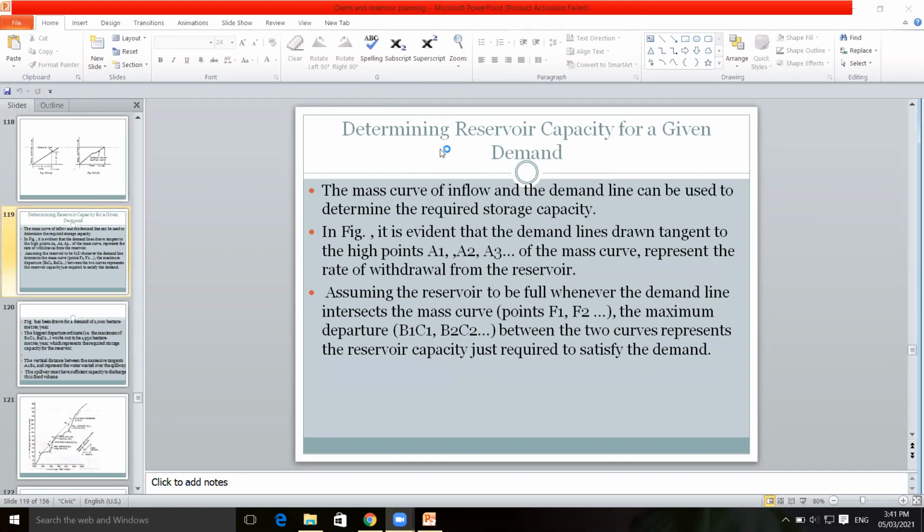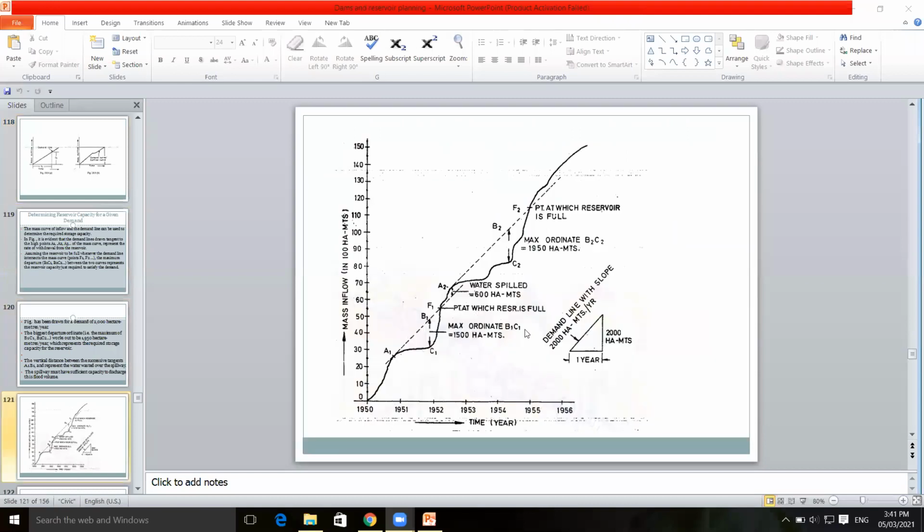Next is determining reservoir capacity for a given demand. From the mass curve of inflow and demand line, you can determine the storage capacity of the reservoir. This is a graph of the mass inflow curve, in hectare meters, plotted on the y-axis, and time in years from 1950 to 1956.